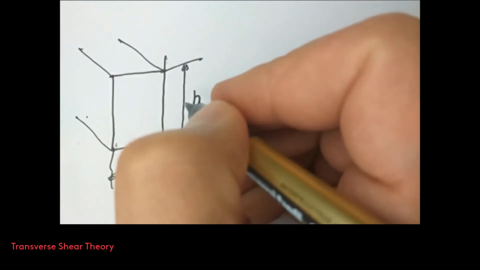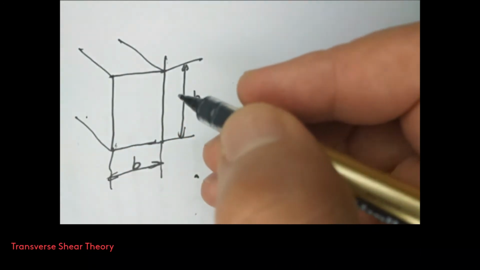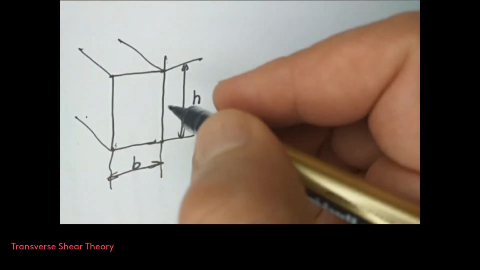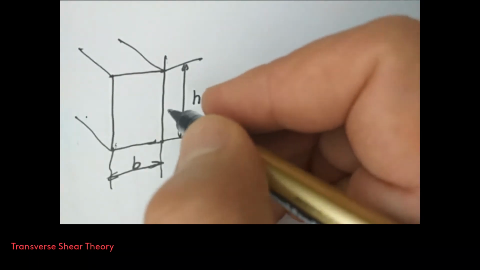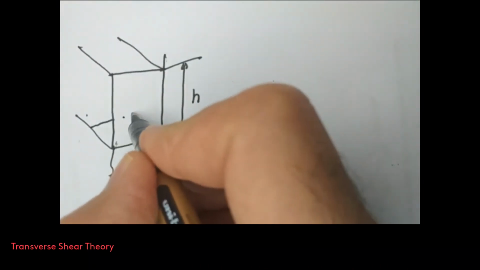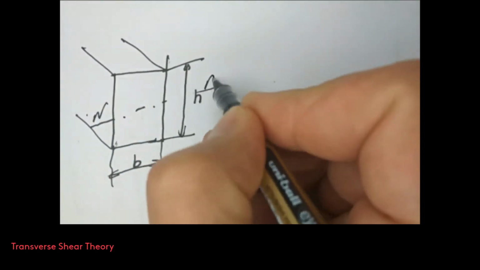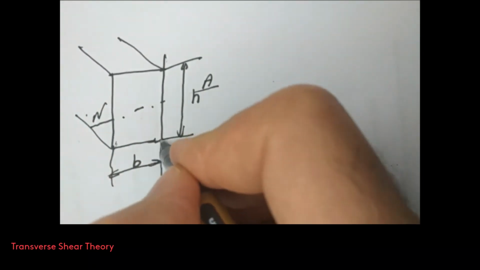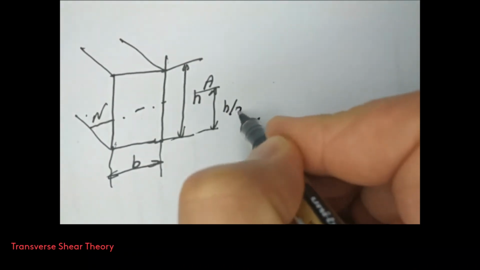And let us derive the expression for the stress at an arbitrary location. In fact, since we have the rectangle, the neutral axis is just located at the center. So distance to the bottom line is h divided by 2.